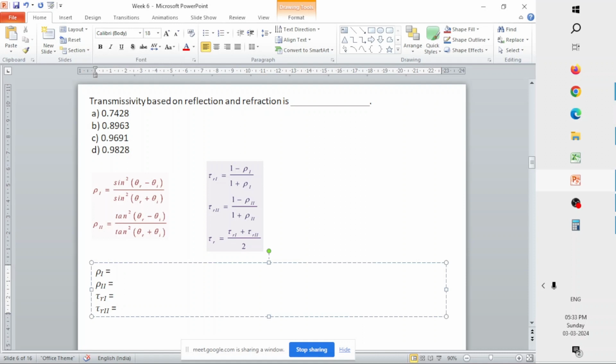So your rho 1 will be sine square of (theta r minus theta I), that is 18.2 minus 30, divided by sine square of 18.2 plus 30. So the value will be sine square of minus 11.8 divided by sine square of 48.2.